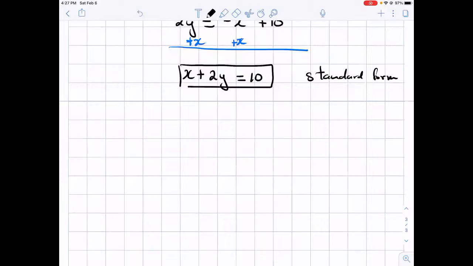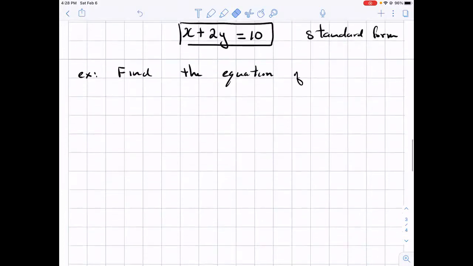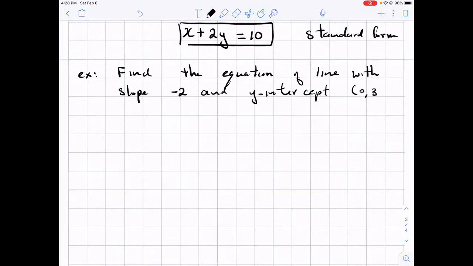In my next example, we will find the equation of the line with slope minus 2 and a y-intercept (0, 3).